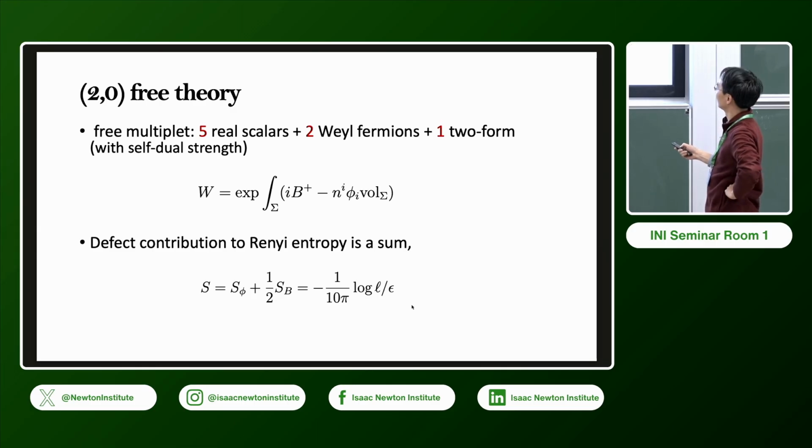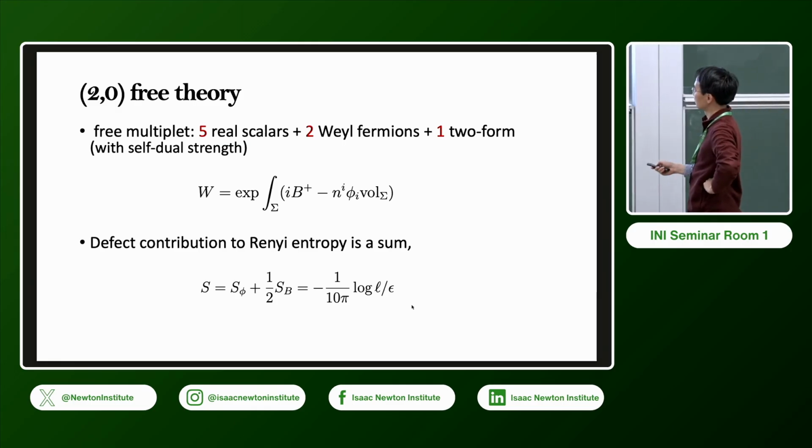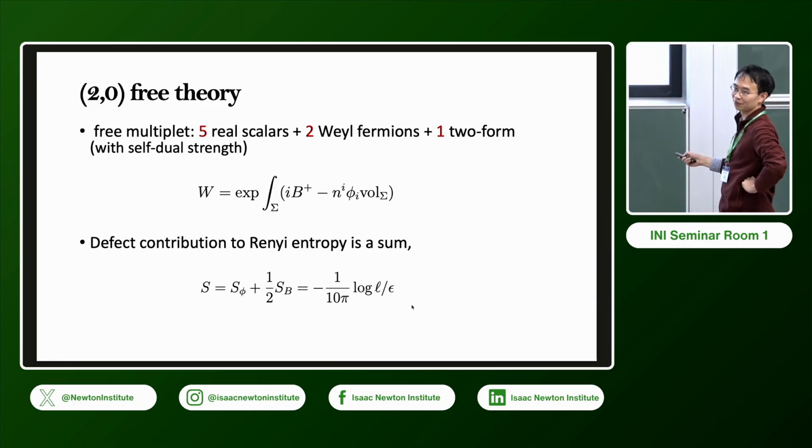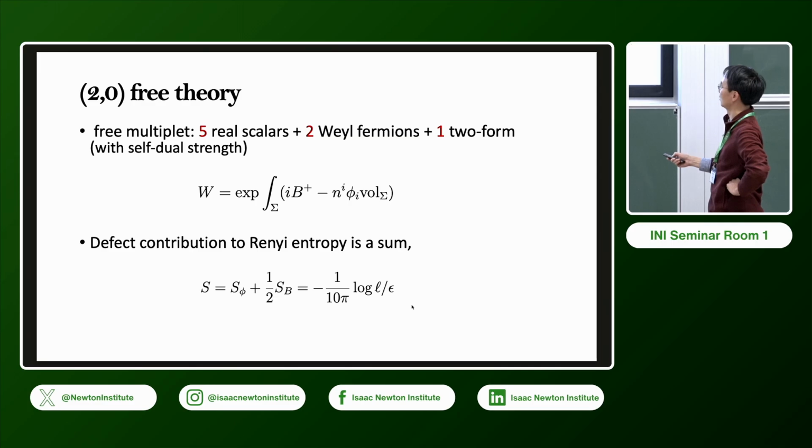Then you can ask, for this kind of object, what will be the defect contribution to Rényi entropy? The answer is just the sum of these two, because it's free fields. This half comes from the self-dual part, since self-duality reduces the degrees of freedom by half. So you get -1/10 pi.